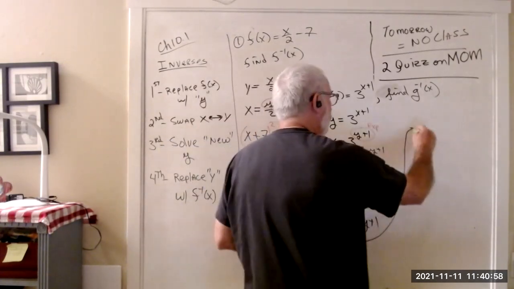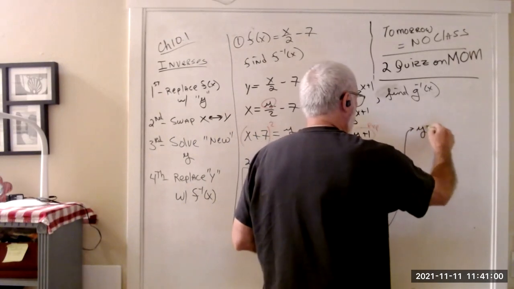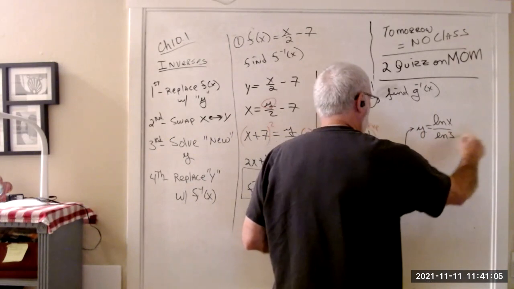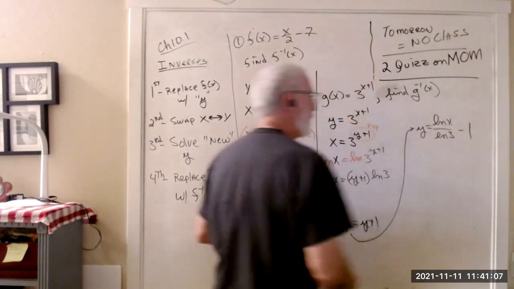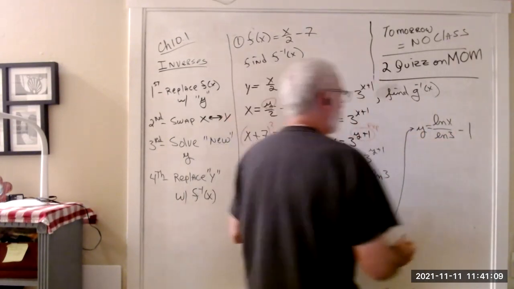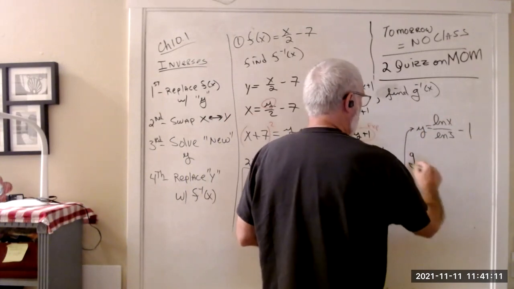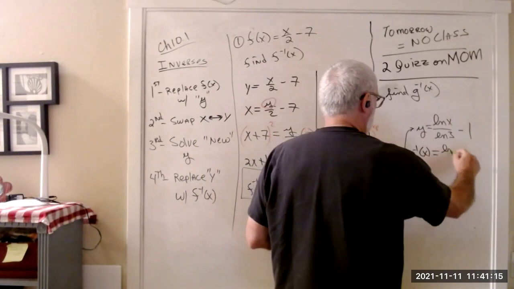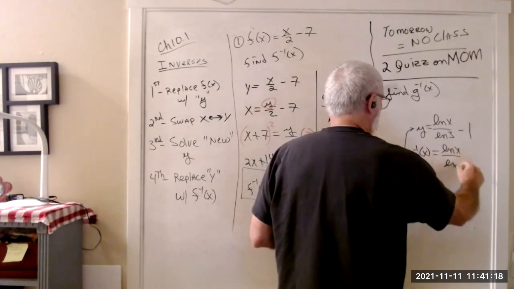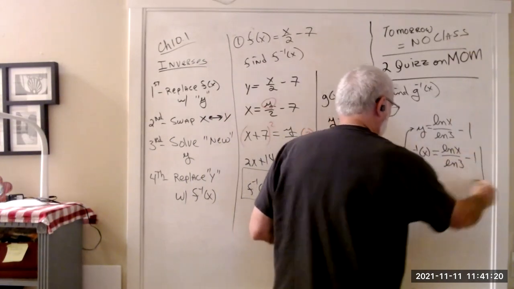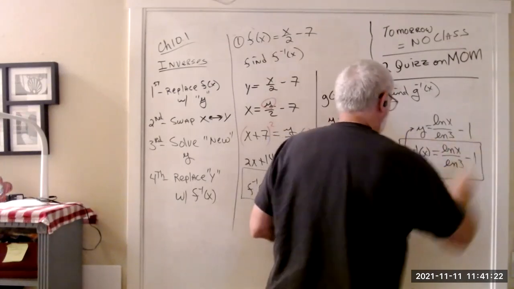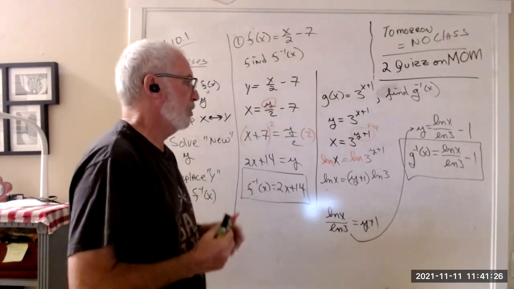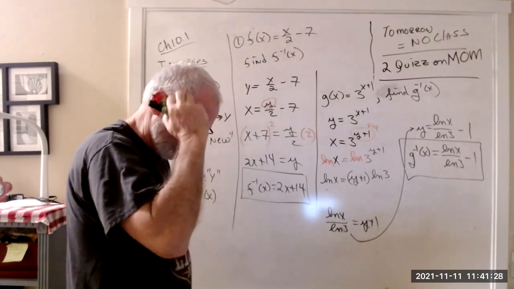So this tells me y equals ln of x divided by the ln of 3, minus 1. This tells me that this is g inverse of x. This is my inverse formula, ln of x over ln of 3 minus 1. Okay. Give you a second to catch up.